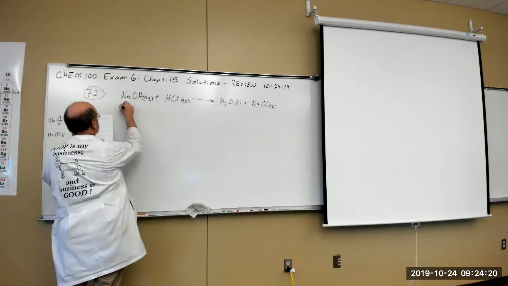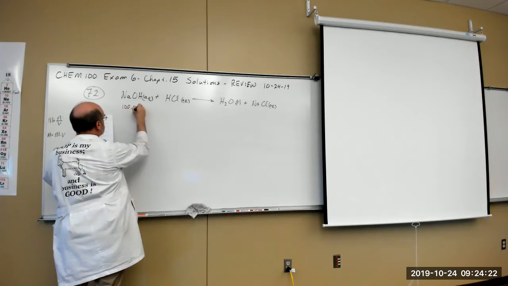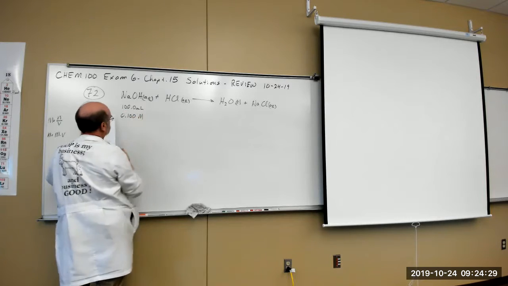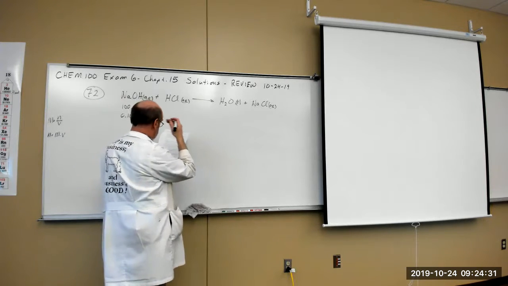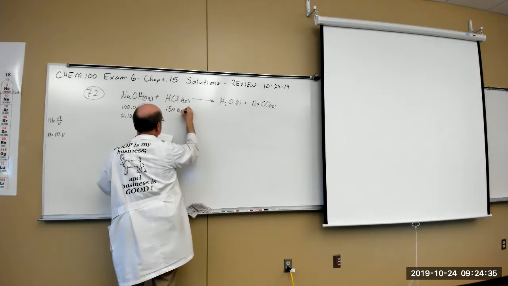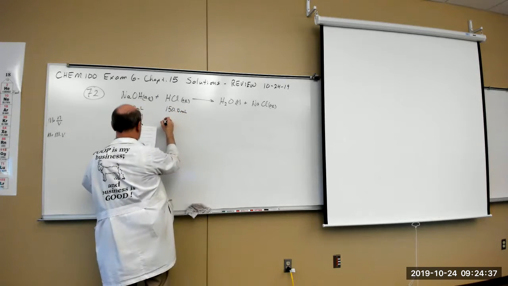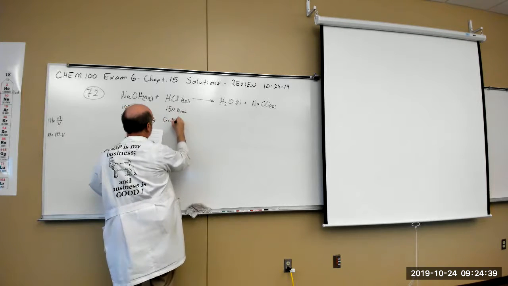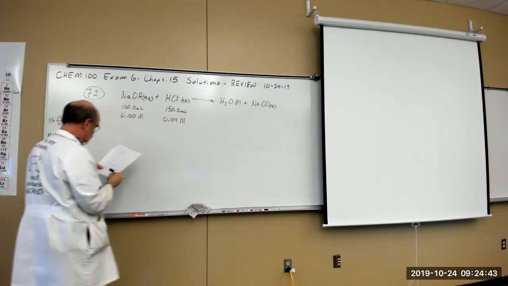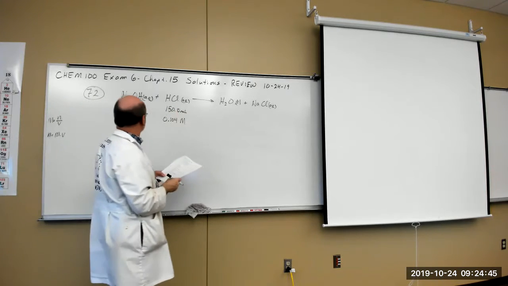Sodium hydroxide, 100 milliliters of 0.1 molar. And hydrochloric is 150 milliliters of 0.104 molar. And then the question is, what's the hydrogen ion concentration?